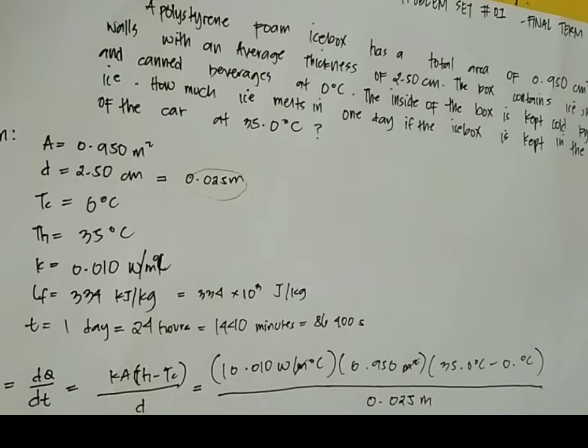And also the time is equal to 1 day. 1 day is equivalent to 24 hours, and 24 hours is equivalent to 1,440 minutes, and 1,440 minutes is equivalent to 86,400 seconds.